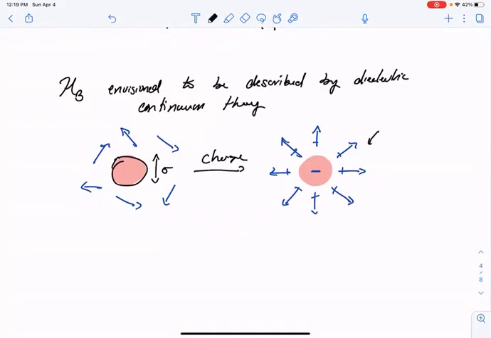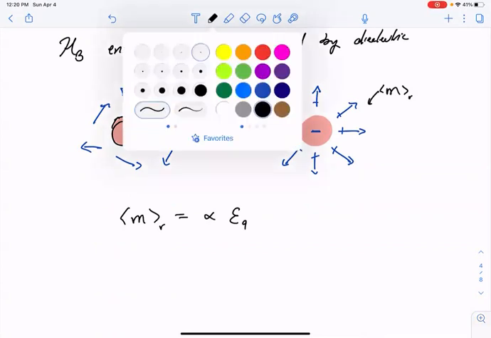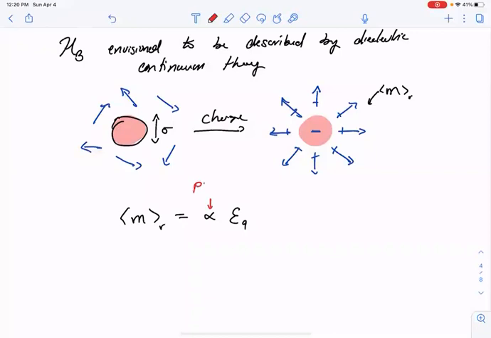So let's let M be the dipole at some position R. The average dipole at R has a linear response relationship to the field acting on it. It responds linearly to a field, say, due to a localized charge, with a constant of proportionality, let's call alpha. This alpha is the polarizability.